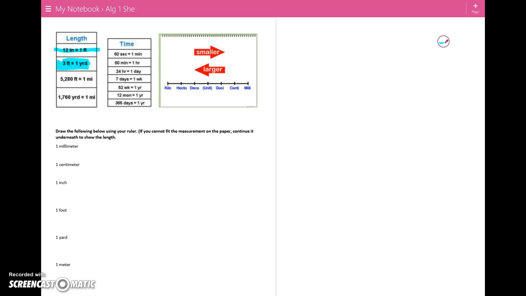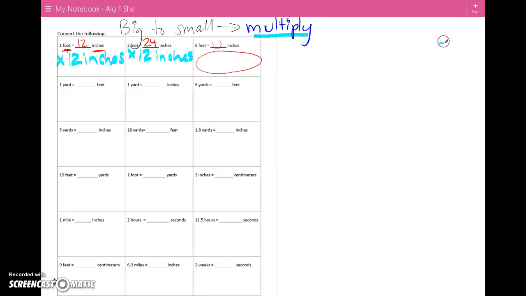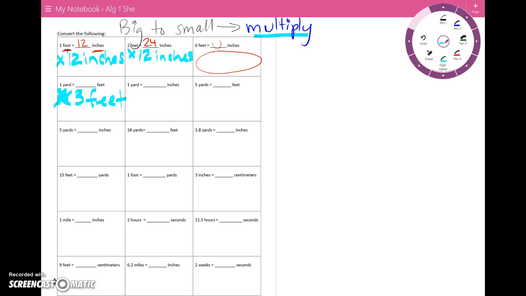So let's head back to the other page. So I'm going to multiply this times, if you didn't already guess it, 3 feet. And then 1 yard times 3 feet is just 3 feet.